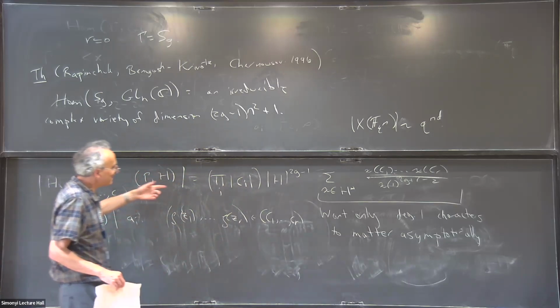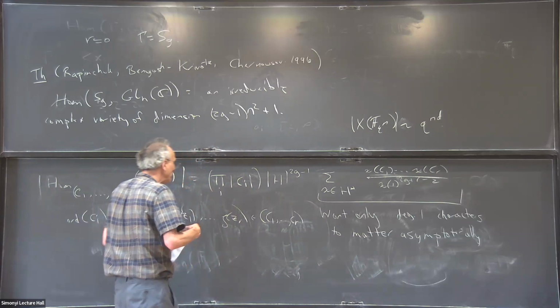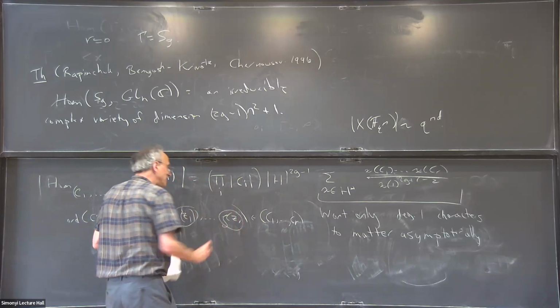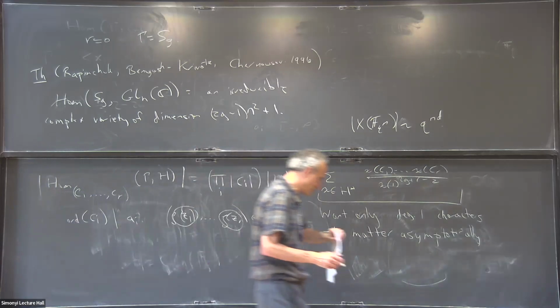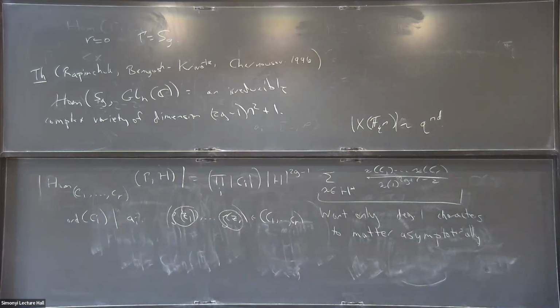It's counting R-tuples of potential elements, but these elements aren't actual elements. I'm not saying this very well, but we can talk about it at the end if you want to.